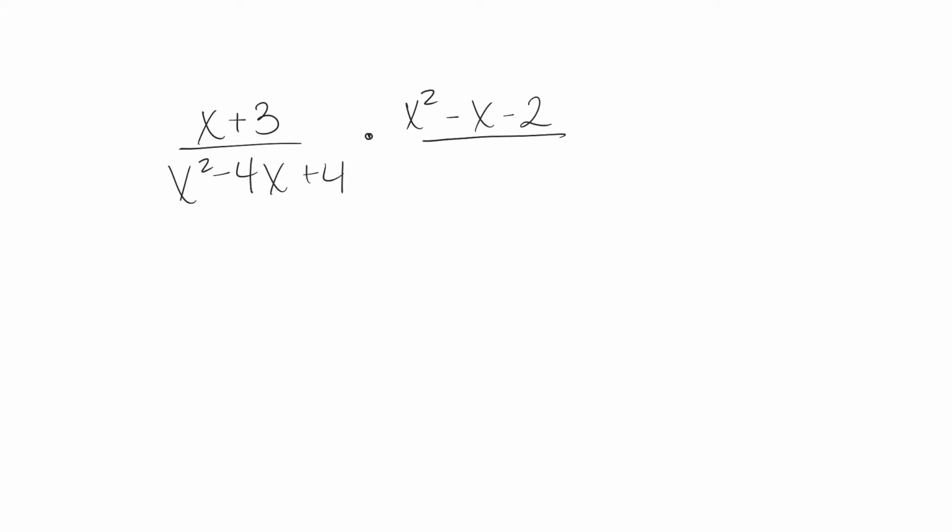Let's try x plus 3 over x squared minus 4x plus 4 times x squared minus x minus 2 over x squared plus 4x plus 3.